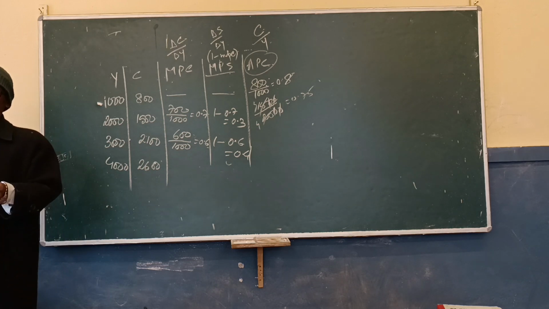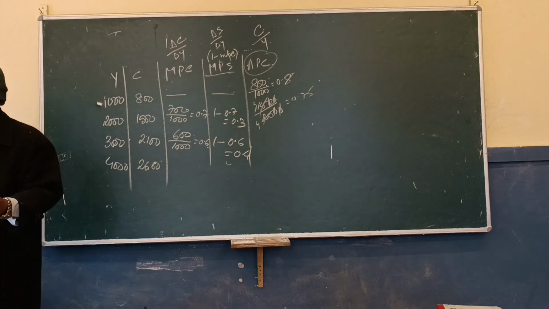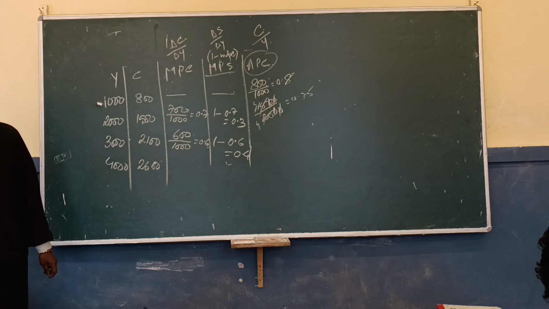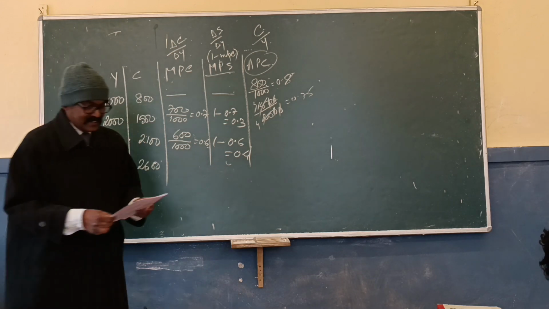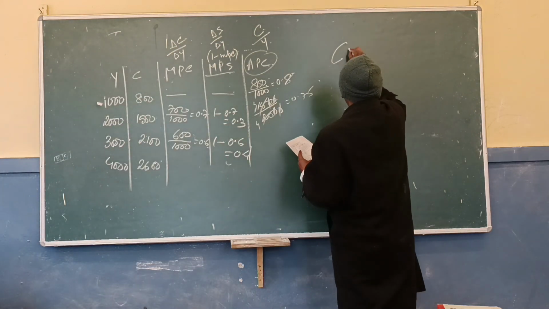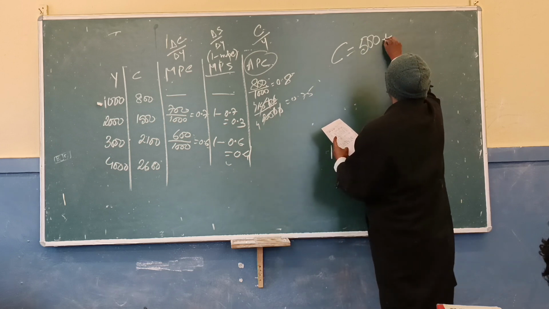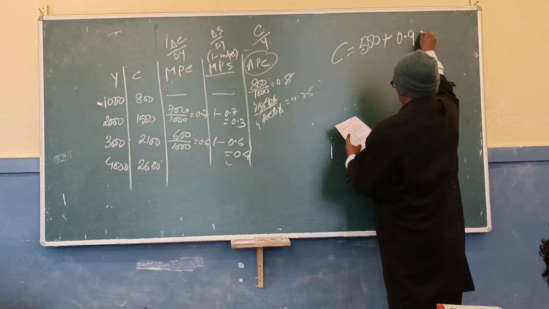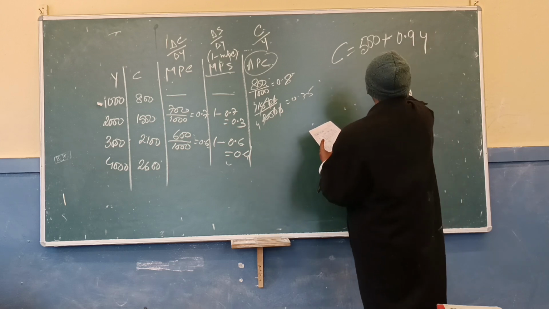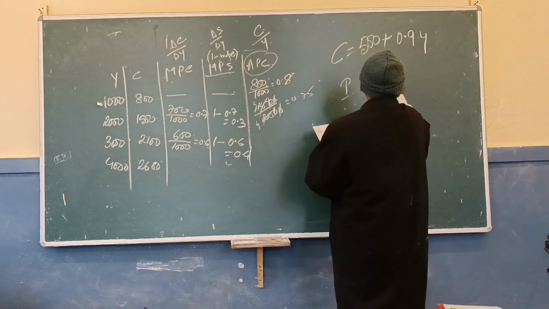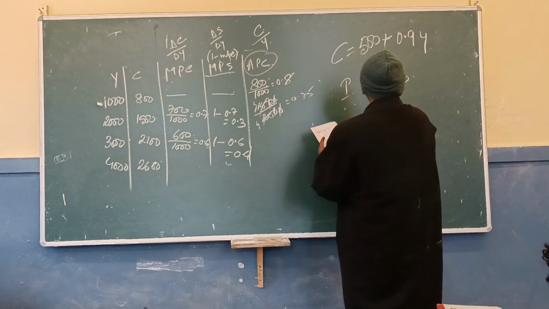Now, a little bit twisted. Let's see who can do this one. This also I have made for you. I hope you will be able to do it. In an economy, C is equal to 500 plus 0.9Y and investment is equal to 1,000, all in rupees.